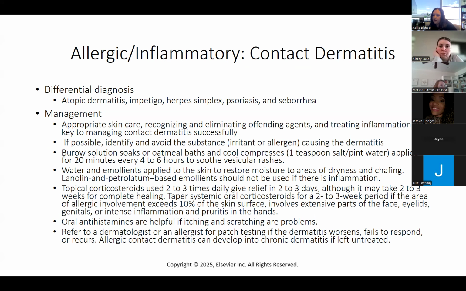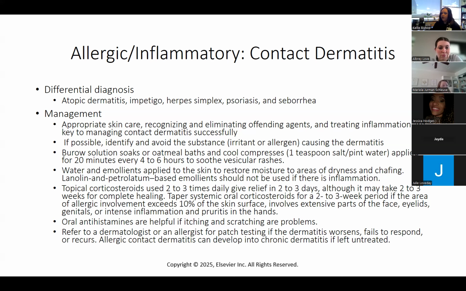So for instance, with poison ivy, if it's on more than 10% of their skin surface, or it involves extensive parts of the face, eyelids, genitals, the mouth, neck, face area, you can do oral corticosteroids and then taper, because with anything in the head and neck, if it's swelling and reacting on the outside, we don't want the same thing happening on the inside where we can't see it.